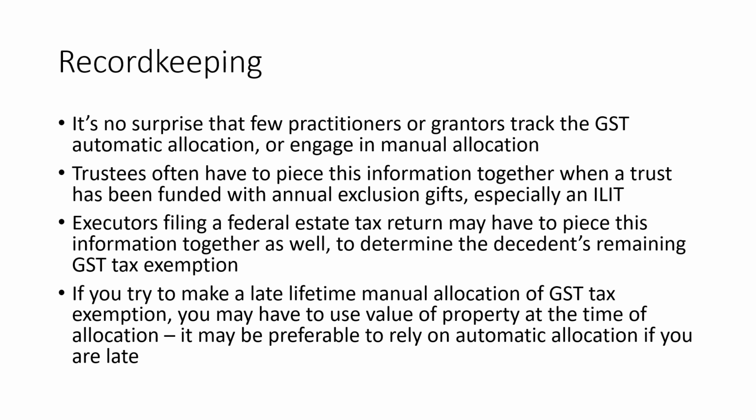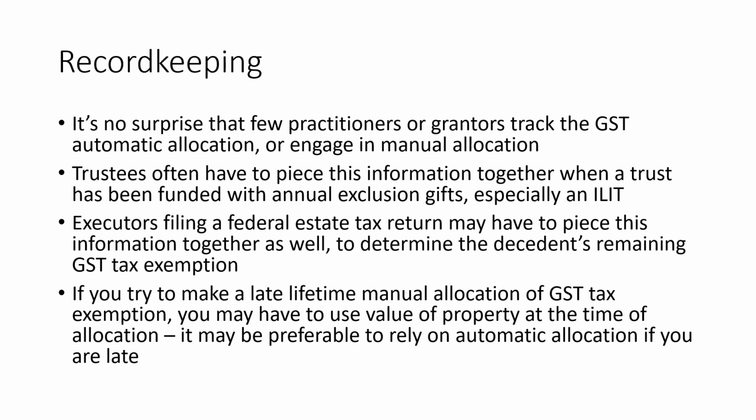And executors down the road, when filing a federal estate tax return, may have to go back and piece this information together as well to have an accurate representation of the decedent's remaining GST tax exemption. Now, that may not be a big deal right now with a very high exemption of $11.7 million, but if legislative changes knock that back down to $3.5 million or a $1 million lifetime exemption, you can bet this is going to become a much bigger deal.